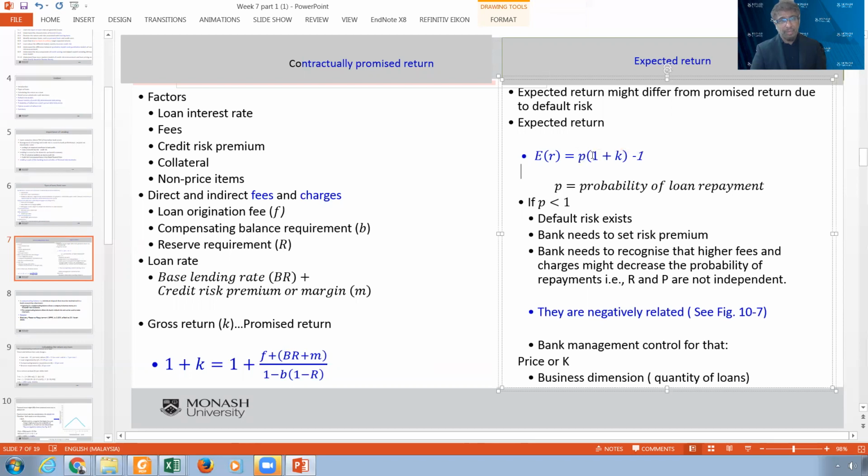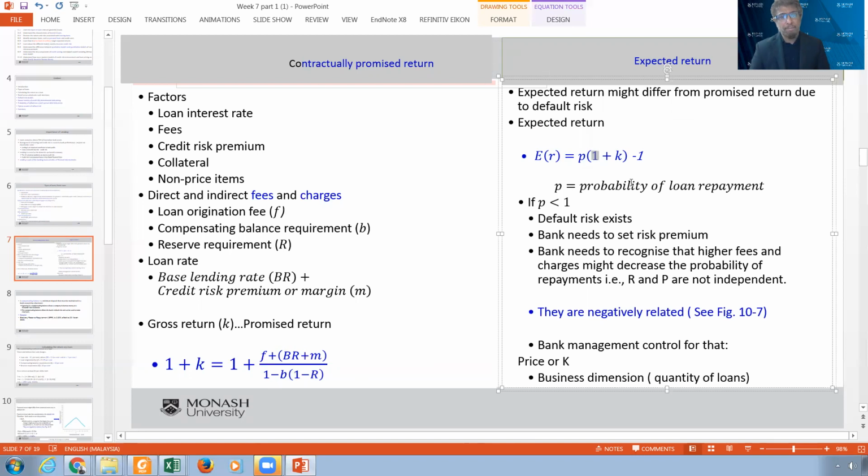And then we bring the principal, because if the customer defaults, they will default on their interest and their principal. So this is what the bank will receive, which is the probability of payment times the $1 they receive plus the K, which is coming from here. And this is how we measure the expected return.